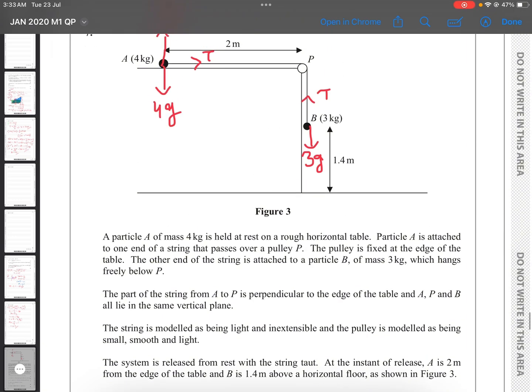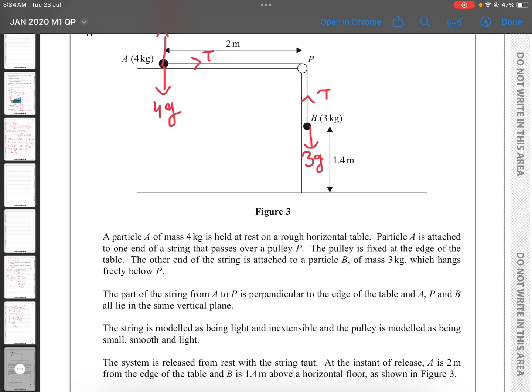Acceleration of A. We have to understand that as ball B is falling down with an acceleration, the same acceleration will be applied to A. As B is falling down, A is also moving towards the pulley. So if B is falling down, for example, with 3 meters per second squared, then A as well is moving towards the pulley with 3 meters per second squared.